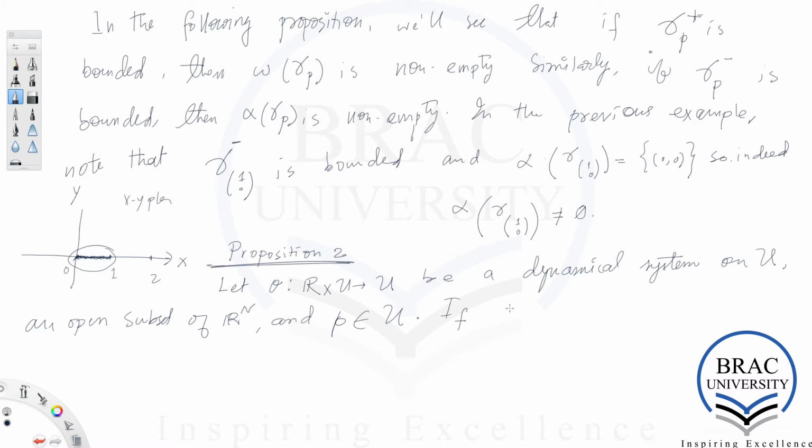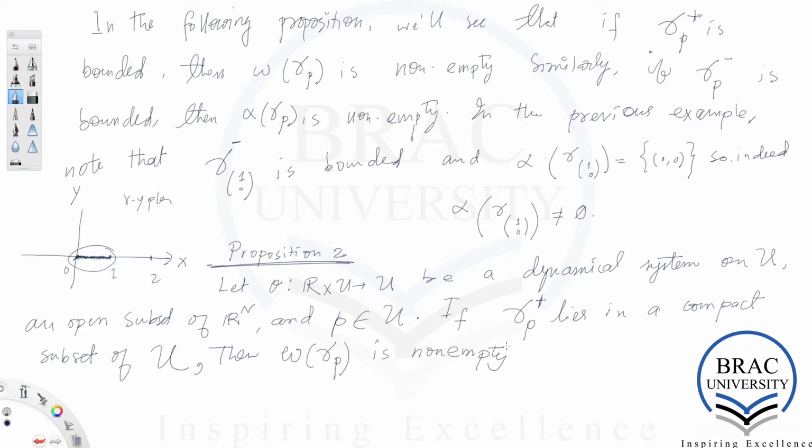If the forward semi-orbit for the flow theta through P lies in a compact subset of U, then the omega limit set of the orbit of P is non-empty, compact and connected.